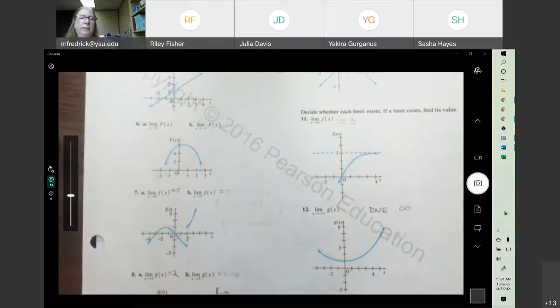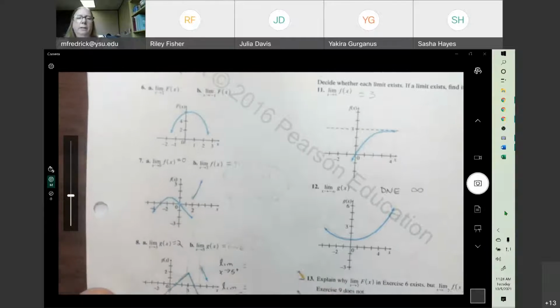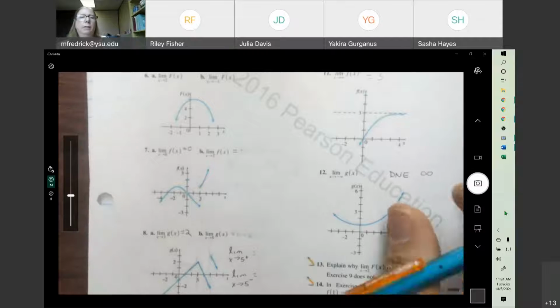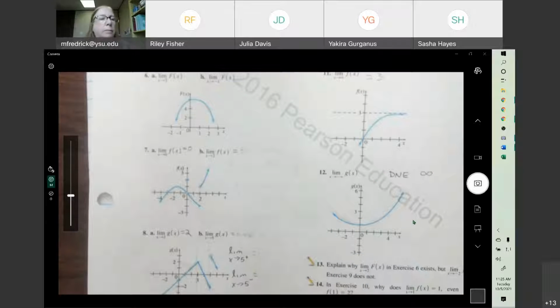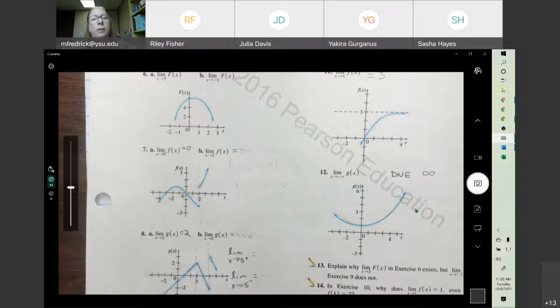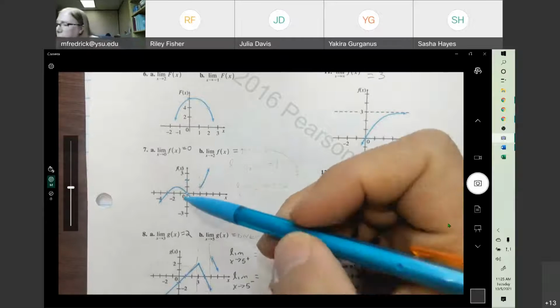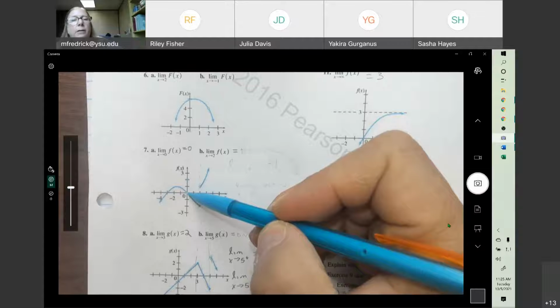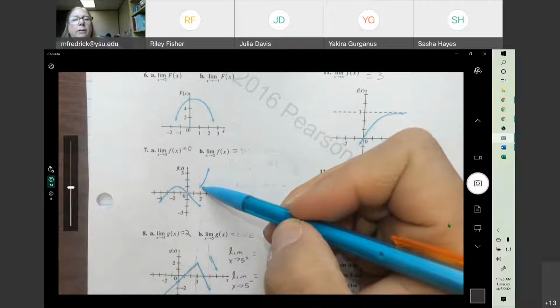how well can you see the graph? Oh, that's a lot better. There we go. So there's an open circle right here and right here.